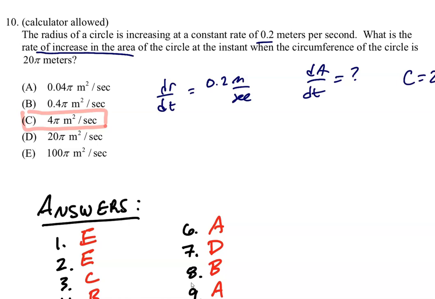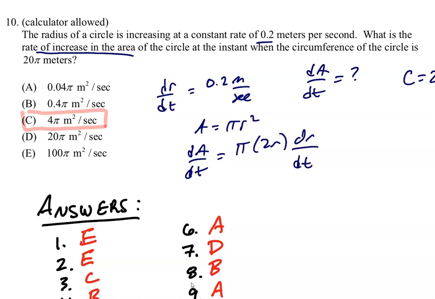Okay, here we go. The area of a circle is pi r squared. dA/dt is pi times 2r dr/dt. All right, we're looking for dA/dt. So it's pi times 2, we don't know r, and we know that dr/dt is 0.2.